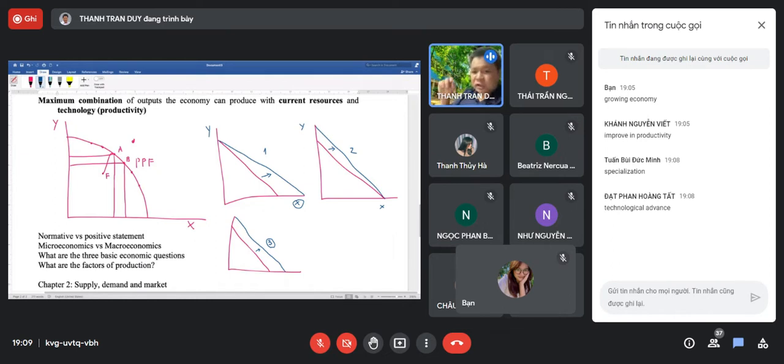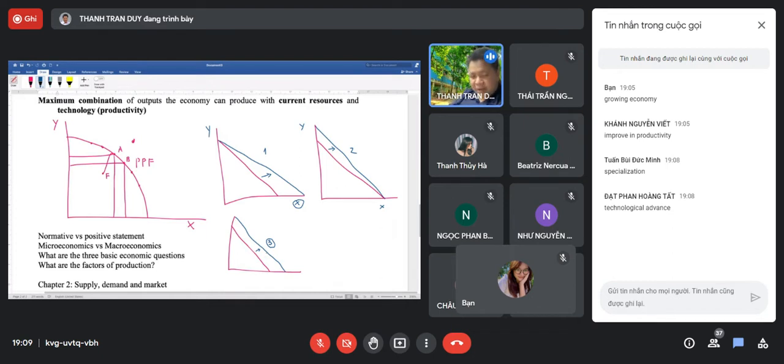The second diagram shows the improvement in productivity of product Y and productivity of product X stays the same. And again, there's nothing changed in input.